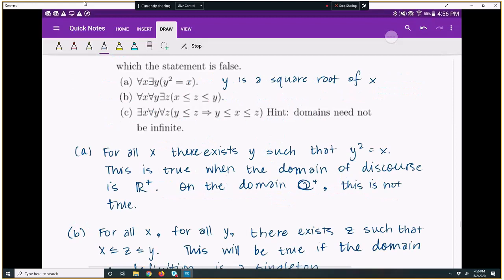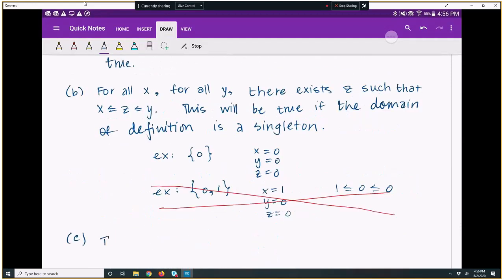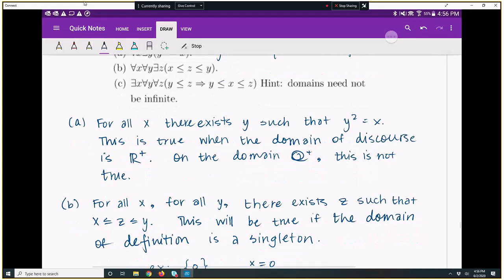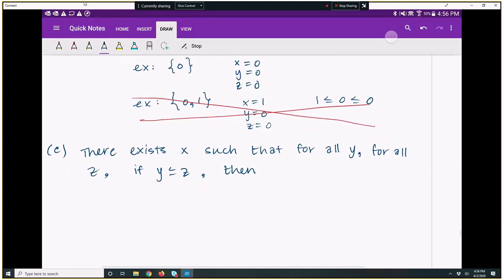For C, C says there exists x such that for all y and for all z, if y is less than or equal to z, then y is less than or equal to x is less than or equal to z.